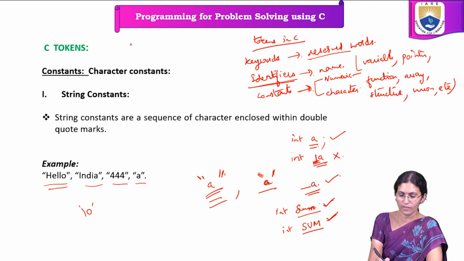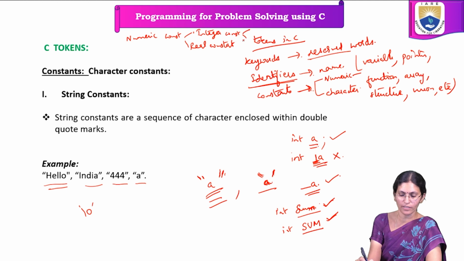In numeric constants, again we have two types: real constants and integer constants.